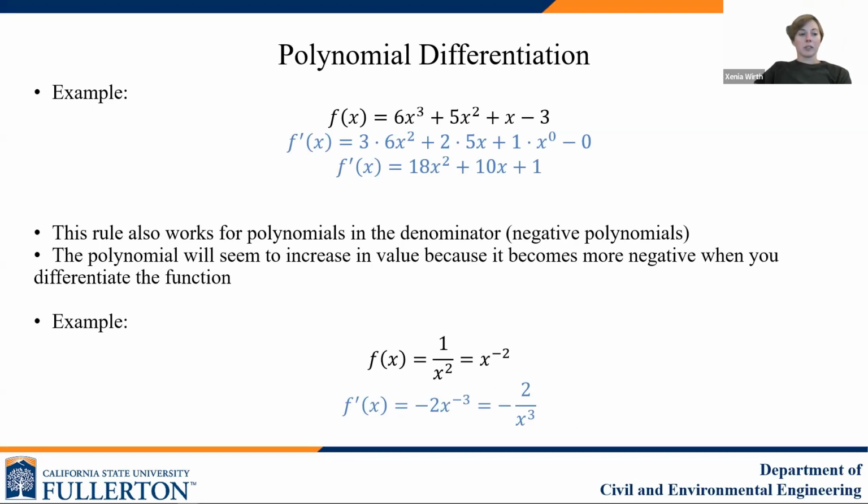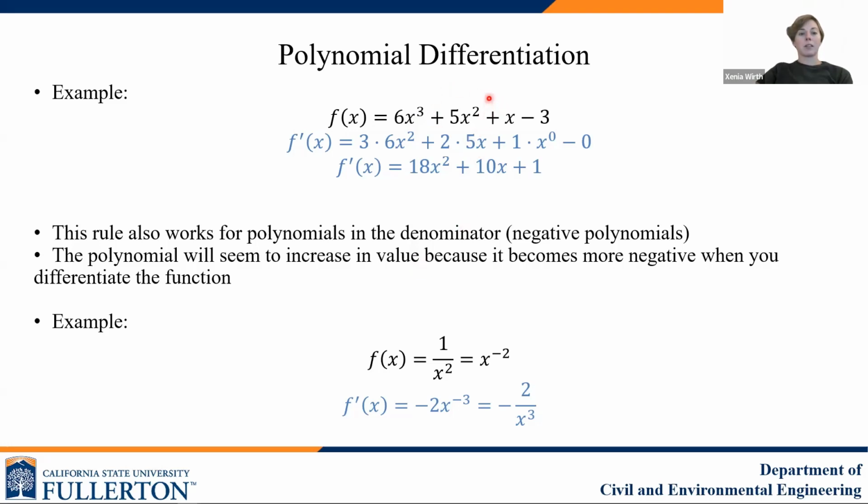Here's an example for us. We have the function f of x is 6x cubed plus 5x squared plus x minus 3. To take the derivative, we take the derivative of each of these polynomial terms independently. You bring down the 3 of your first, third order polynomial. So 3 times 6, the constant remains. And then 3 minus 1 is 2. So you end up with a polynomial of order 2, or x squared.